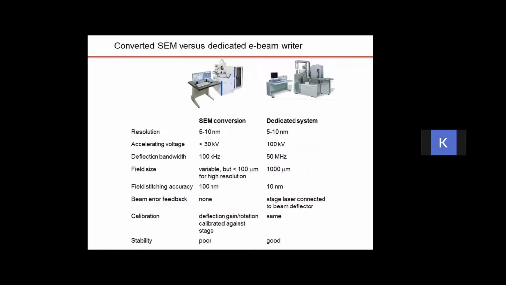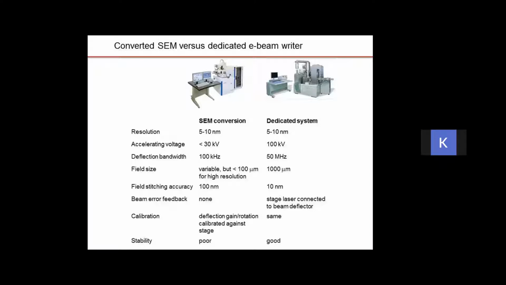Now, there can be an SEM converted system or a dedicated system. In both cases, the resolution remains the same. The only difference is that the accelerating voltage for an SEM is limited to 30 kV, whereas for a dedicated system you can go up to 100 kV. And whenever you go to 100 kV, you get a bit better resolution.